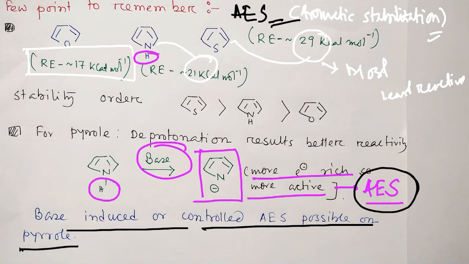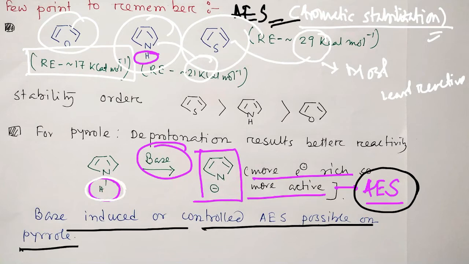That with normal pyrrole you may get a particular substitution, maybe in presence of base you may get further substitution, for example di substitution. In future I shall upload some dedicated videos on this, so I shall provide the link, please visit for better understanding. So from this statement we understood that although they are pi excess, they still have some difference in reactivity because of point number 1, aromatic stabilization, and point number 2, the presence of heteroatom.